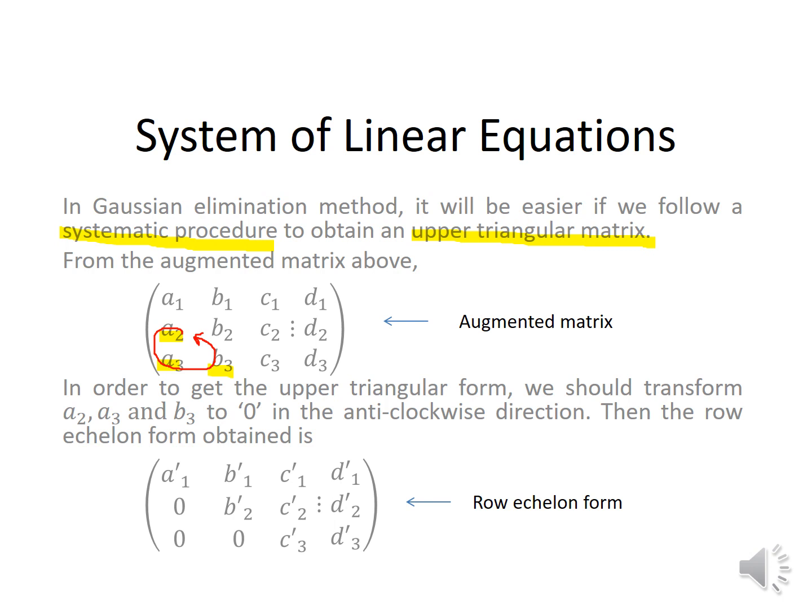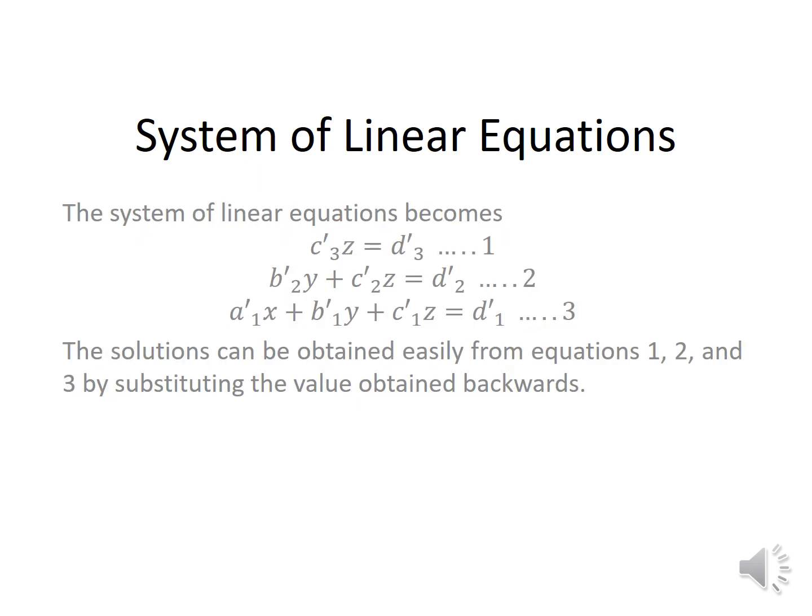Then the row echelon form is obtained. And these three zeros we call upper triangle. So from the row echelon form, we can form three equations to get the x, y, z unknowns.